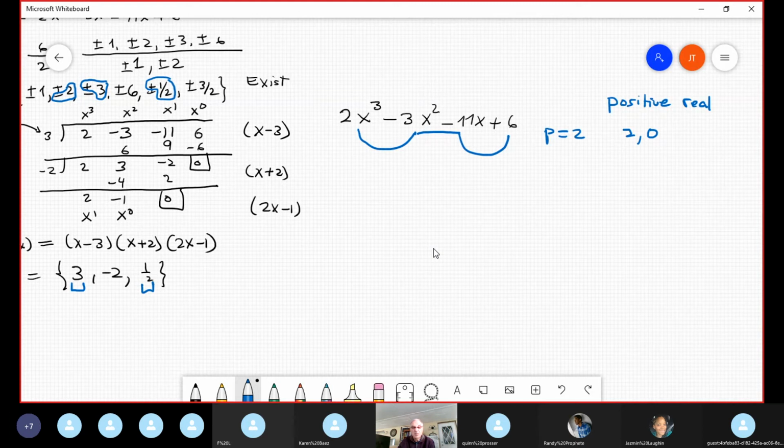For the negative, remember, we are doing a reflection. When you do a reflection, if the exponent is an odd number, the sign changes. If the exponent is even, it stays the same. This one changes because it's 1, and this stays the same. When you analyze the changes of sign, this is negative, negative, no change; one change of sign; and positive, positive, none.